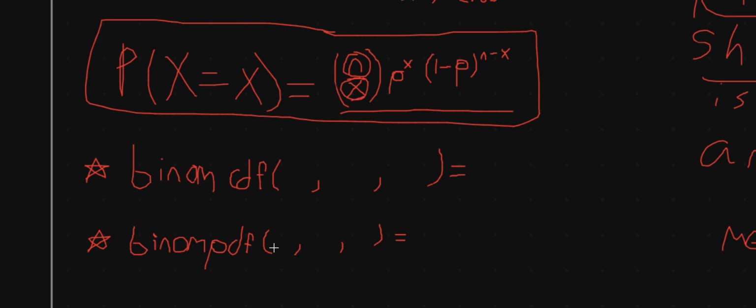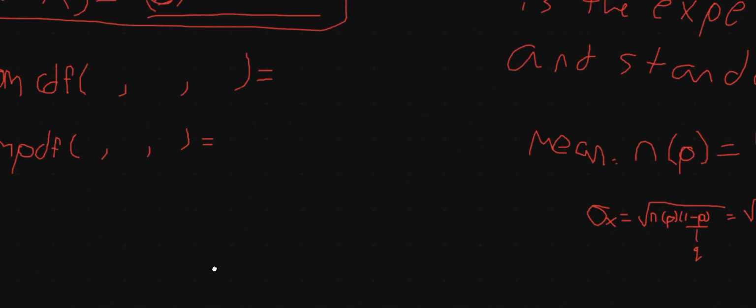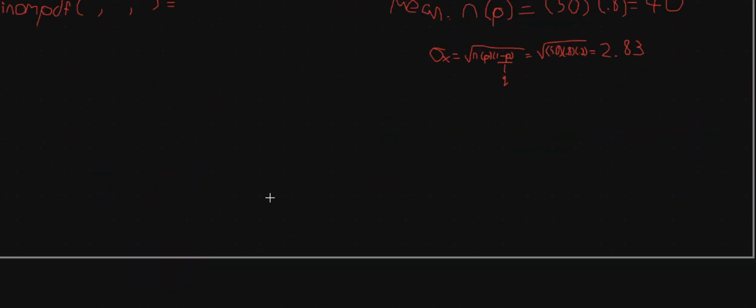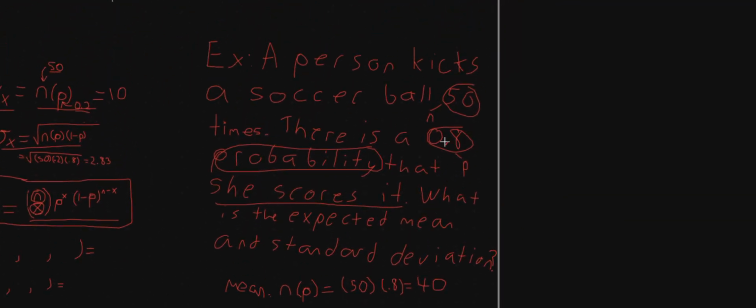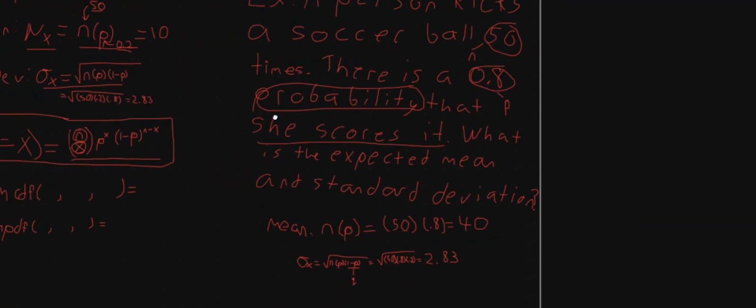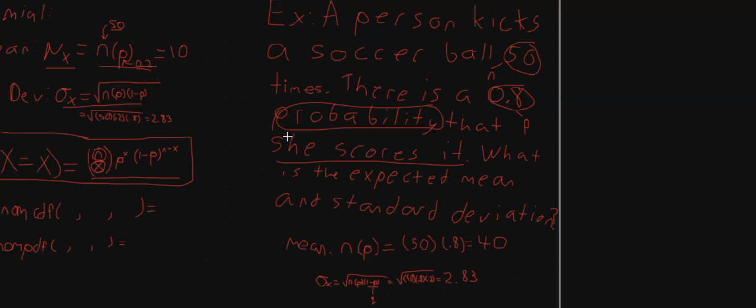So binomial PDF is basically you're given trials, like here, you're given 50 trials. You're given the sample size of 50 trials, given the probability, and a question.